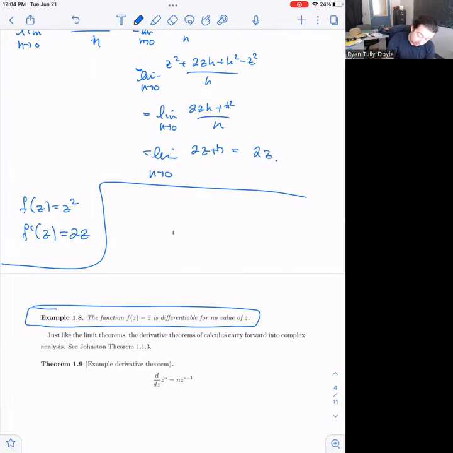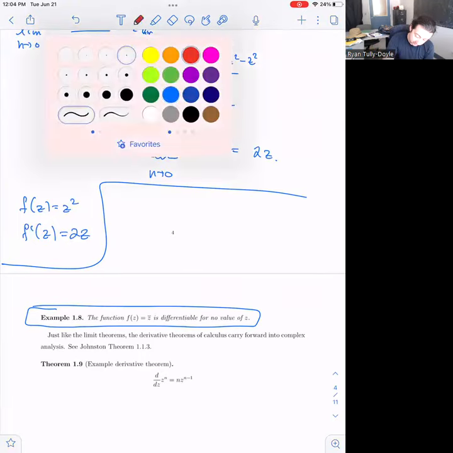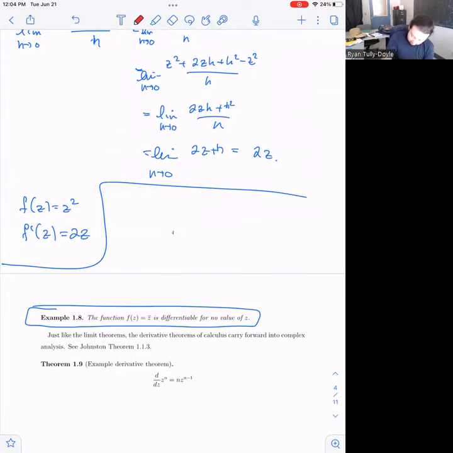So I can do that real quick in this room up here. So let's compute this difference quotient for this function f of z is equal to z bar. And this gives us the idea that bars are bad in these functions, right? The involvement of a complex conjugate is going to be a barrier to a function being well behaved.